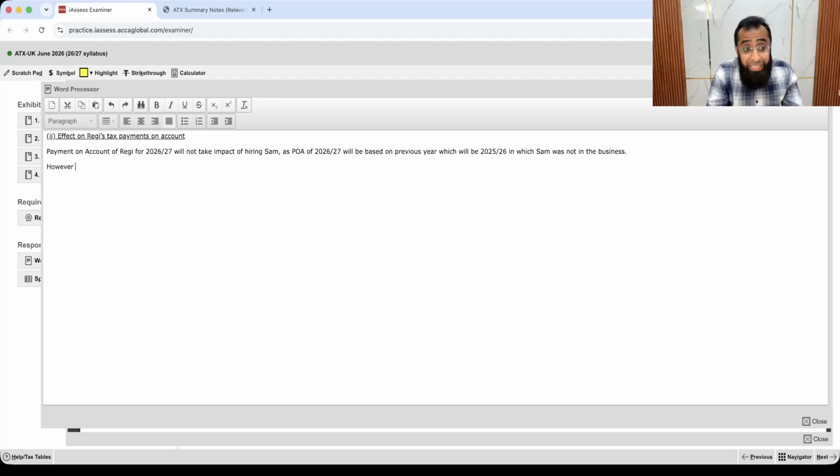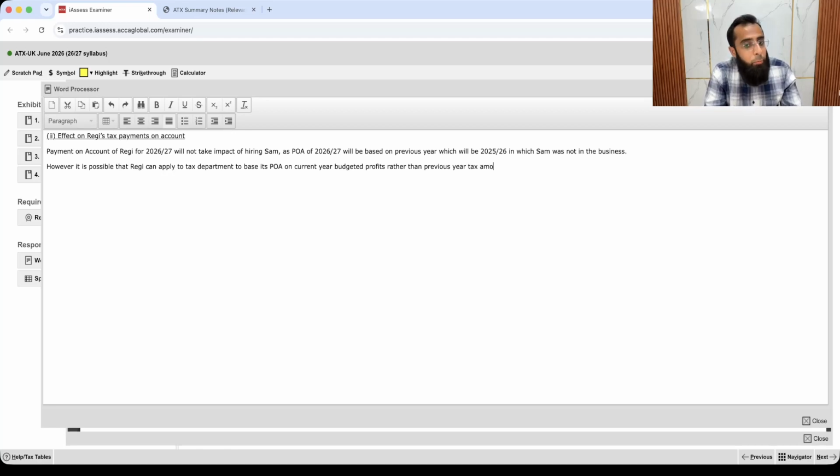However, it is possible that Regi can apply to the tax department to base its POA, payment on account, on current year budgeted profits rather than previous year profit amounts, or rather than previous year tax amounts. I will repeat it again.